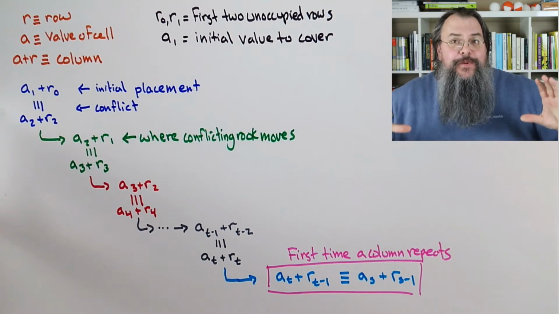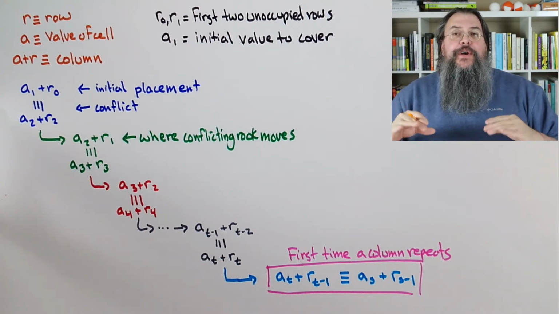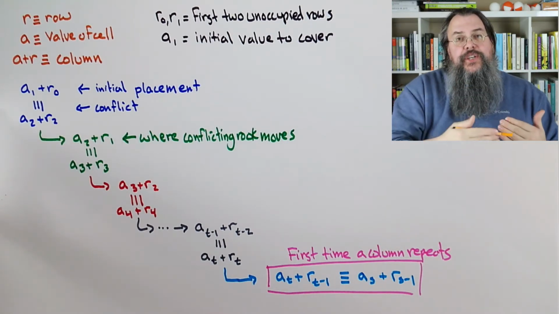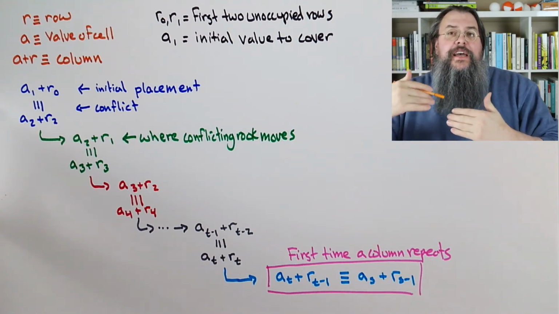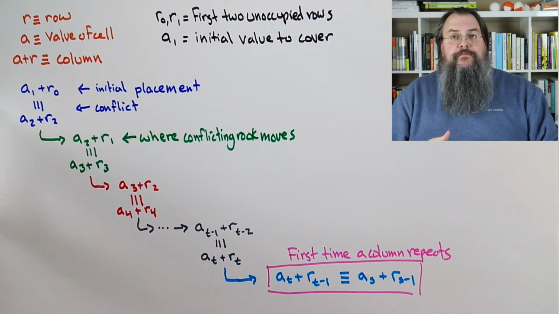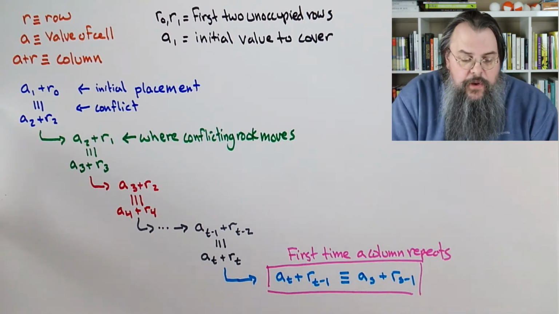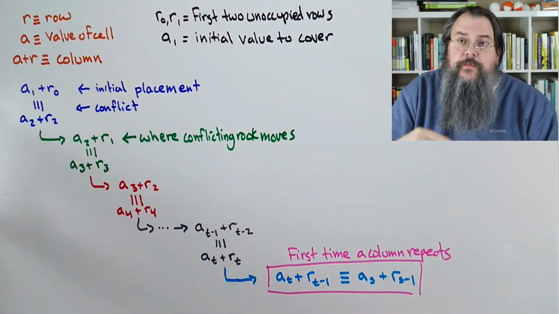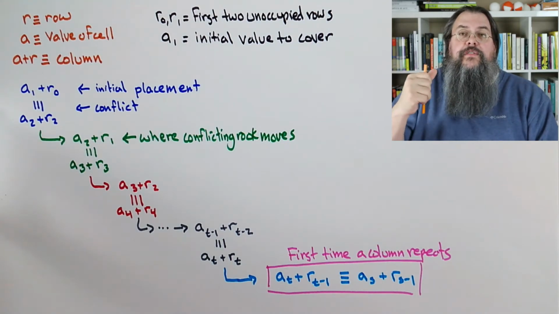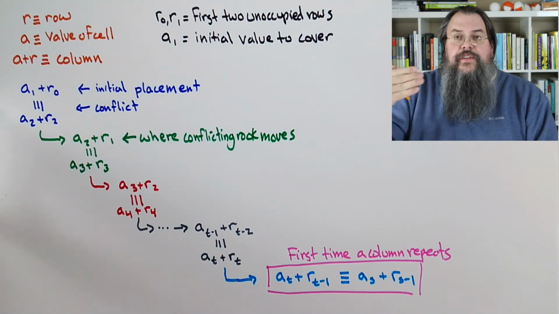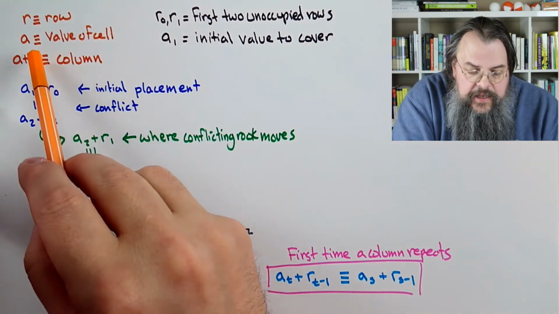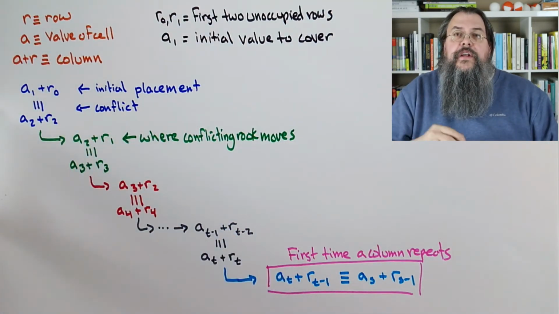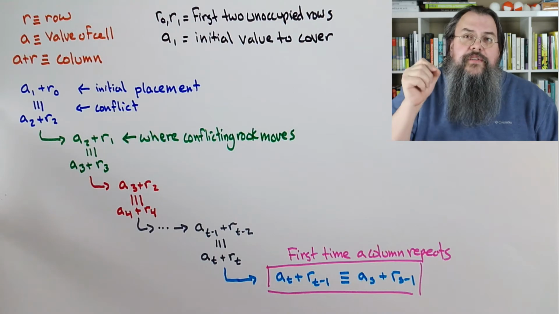All right, so this one is going to take a little bit for us to go through, but mostly it's a little bit of notation, and we'll follow the process along until we hit that first time that we've seen a column again. So what's the notation? Whenever we see R with a subscript, that's the row that we're seeing at some stage. R for row. A is the value of the cell, in other words, what the rook is covering.